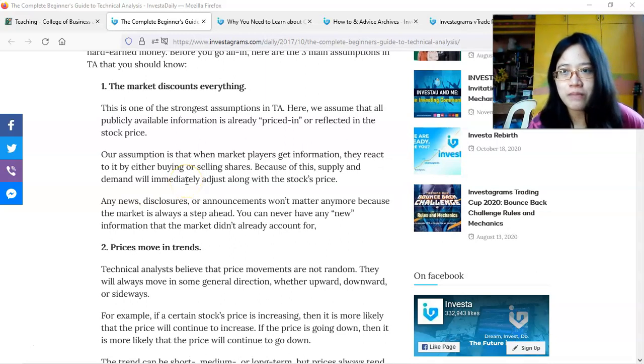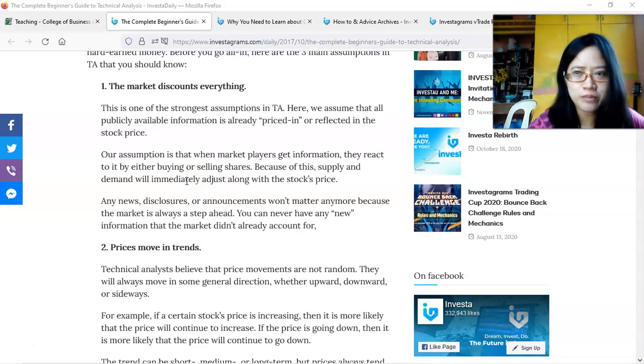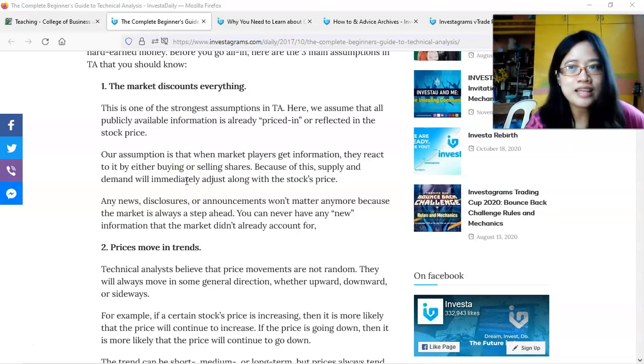Nagkakaroon pa lang ng usap-usapan na itong company na ito ay may bibilhin or mag-a-acquire ng panibagong business. Hindi pa nangyayari, hindi pa na-finalize yung deal. Pero yung stock ng company, nagkakaroon agad ng upward trend. Kasi, in anticipation of that acquisition of additional business, it kind of increases the demand for the stock.